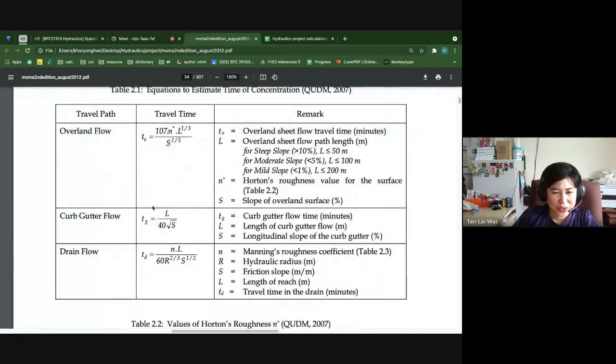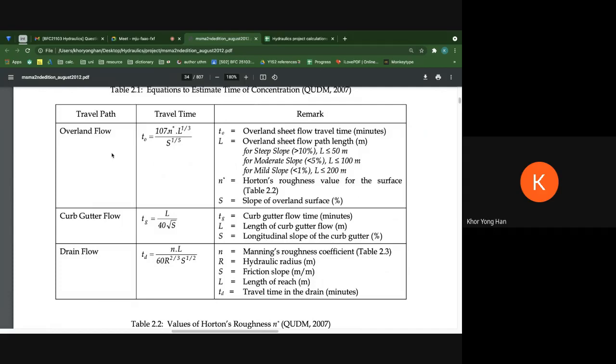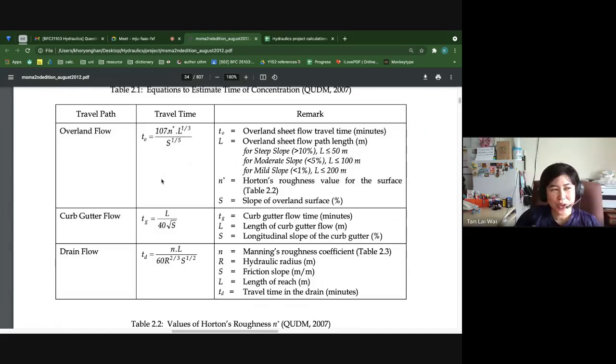Now, Wei Tek and Yong Han, I have one question. Why do you need to find overland flow, or the travel time of overland flow? Okay, you have your MASMA, right?